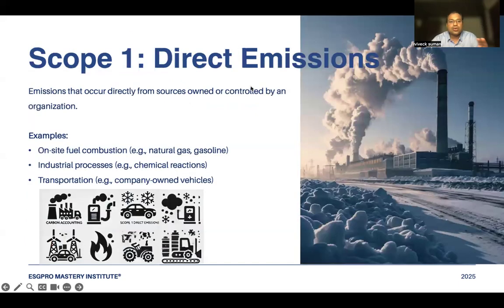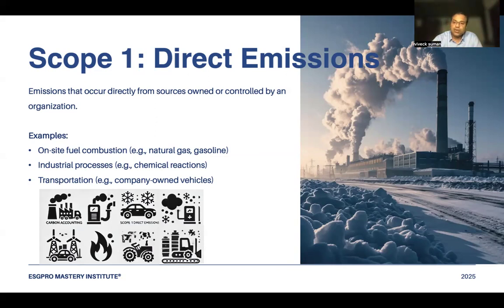Now quickly, scope 1 emissions can include on-site fuel combustion, which is natural gas, gasoline, anything you require to run your stationary equipment, DG set, generator, assembly line, conveyor belt, wherever you are using any fuel, or even furnaces. All that will be part of on-site fuel combustion.